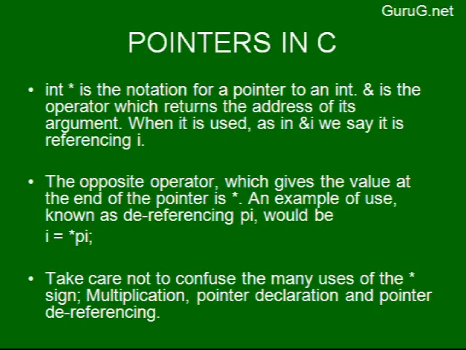And you need to note a point: the star symbol which you use for multiplication, you should not confuse with this particular value operator. Here we use it as the value operator, but that is totally different from this. The multiplication operation is totally different from this one.